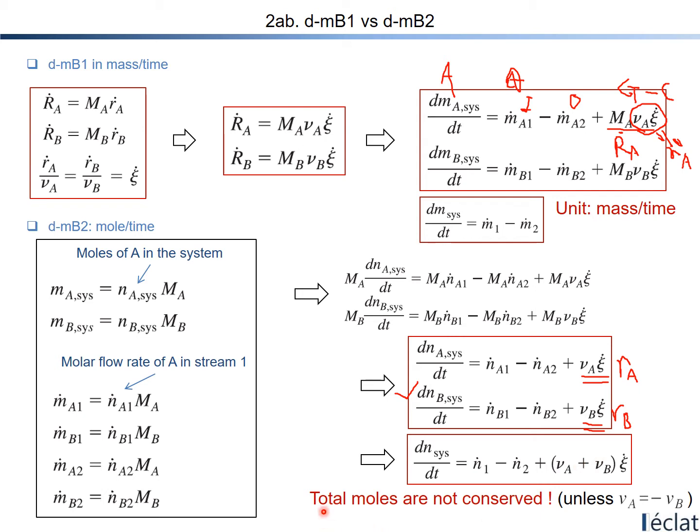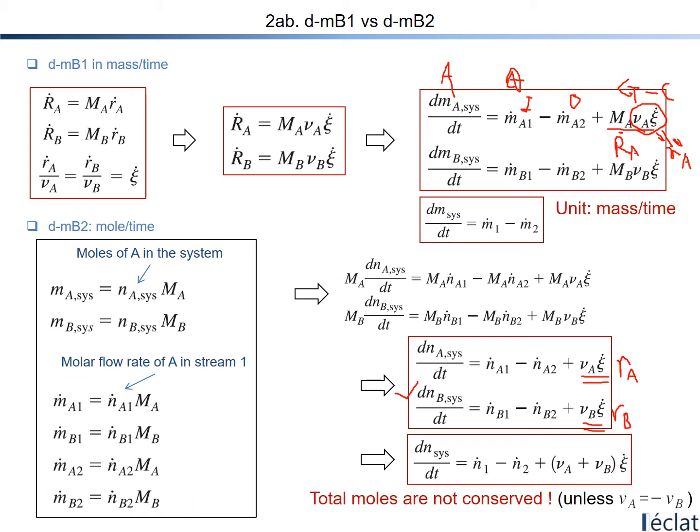As you expected, total moles are not conserved. I said total mass is conserved without a generation minus consumption term. However, in each molar version of the balance equation, you should think about the generation minus consumption term.